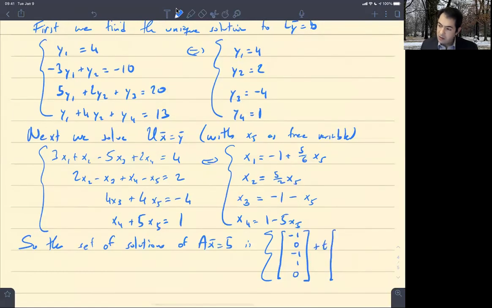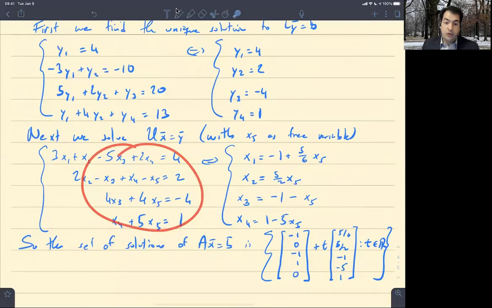I'm just going to write it as t because it's a parameter, so I can use any letter to denote it. So it's t times 5/6 for x1, 5/2 for x2, minus 1 for x3, minus 5 for x4, and then just 1 for x5. And here t is allowed to be any real number. Okay, so you see that if you have an LU decomposition, then it's very quick to solve Ax equal to b, because you just do forward substitution to find y, and then backward substitution to find x.